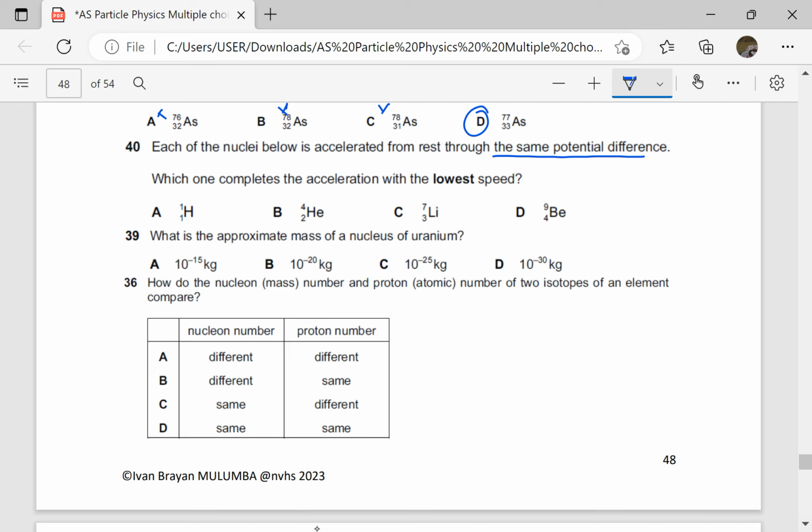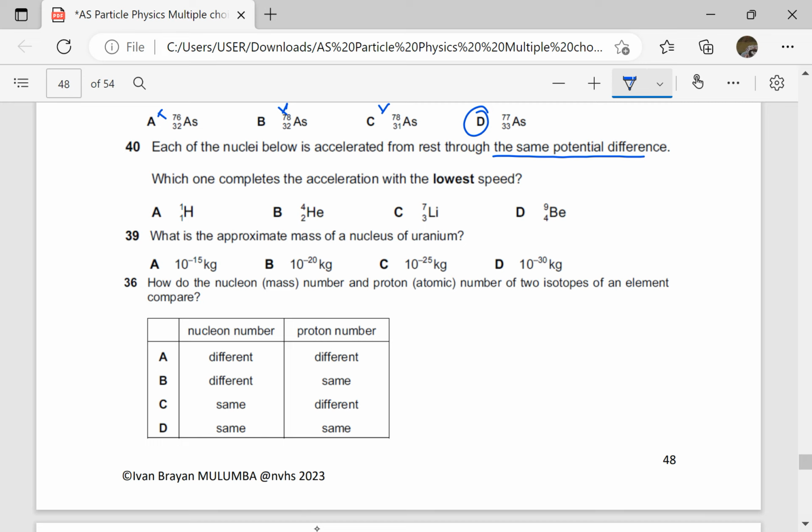So we have H 1, 1, proton number is 1, no neutron. H 2, 1, proton number is 2, neutron number is 2.